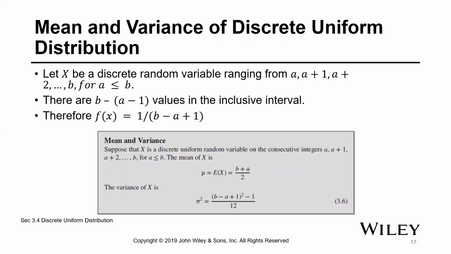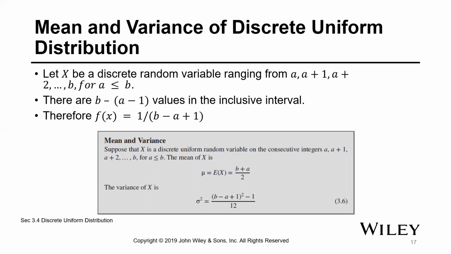So if you have A to B, there are B minus A plus 1 values. Therefore, f of x is 1 over B minus A plus 1.